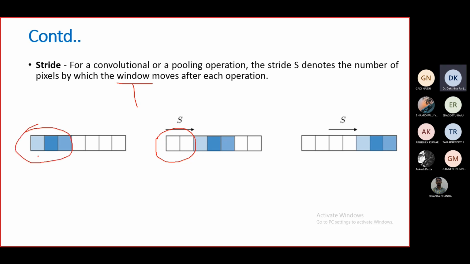Then after moving 2 pixels apart, we get the filter at this position. Similarly, after that, we again move the filter by a 2 pixel stride. This could be 2 pixels, 1 pixel, or more than 2 pixels. So this is the stride.